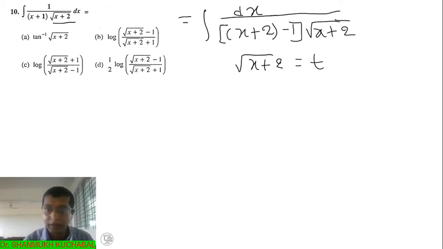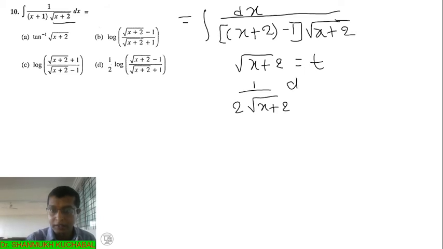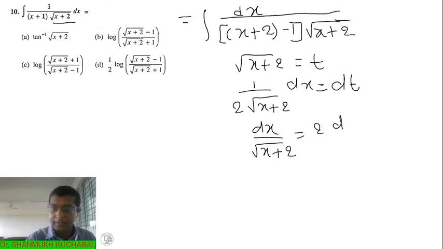Okay, so the differentiation of this is 1 upon 2 root x plus 2 into dx equals dt here. Now 2 is not there in the denominator, so we transpose it, so we get dx divided by root of x plus 2 equals 2 times dt here.